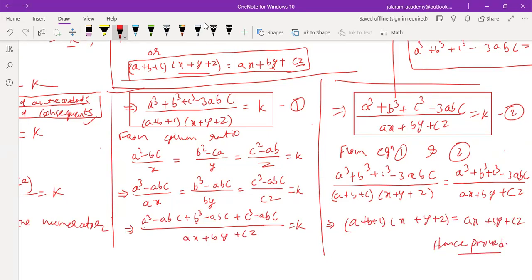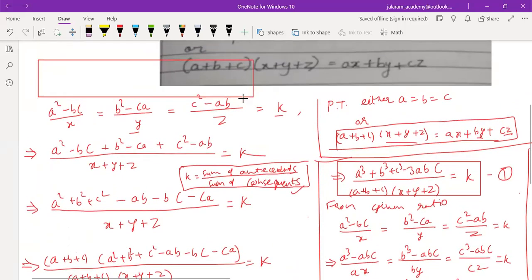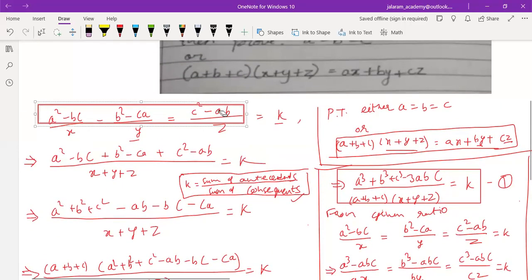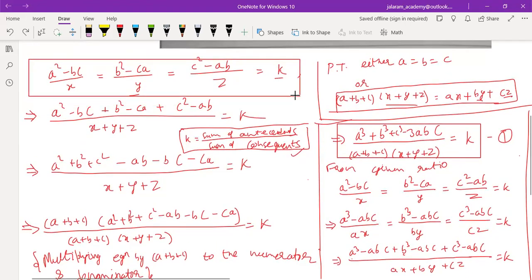Is that clear to everyone? When it is given that (a² − bc)/x = (b² − ca)/y = (c² − ab)/z = k, we have to prove that (a + b + c)(x + y + z) = ax + by + cz.